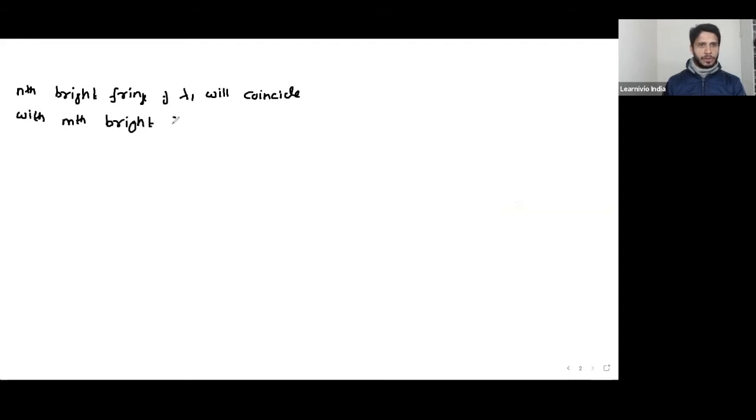So I'm saying that the nth bright fringe of lambda 1 will coincide with the mth bright fringe of lambda 2.